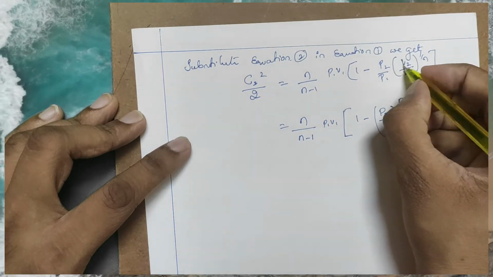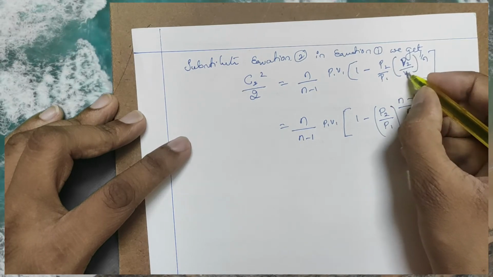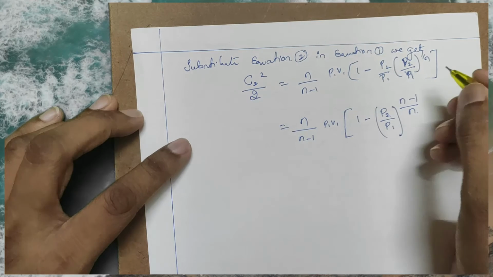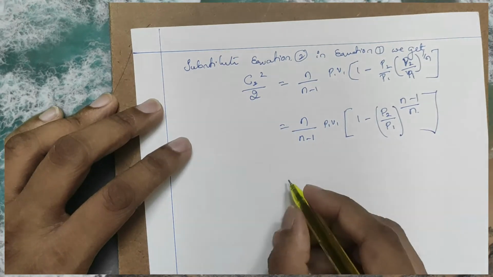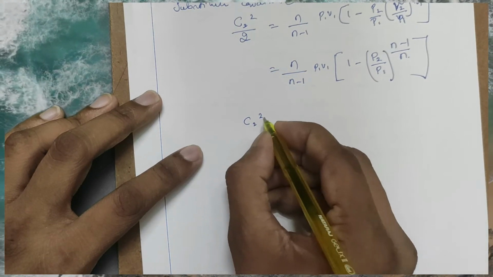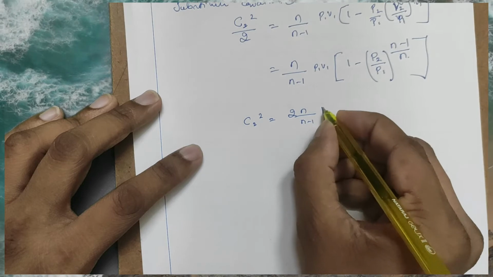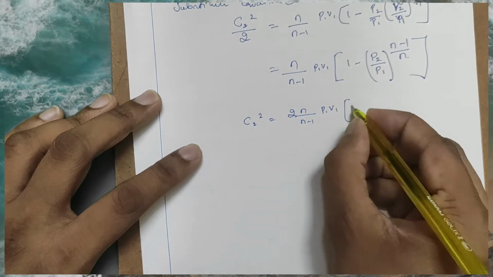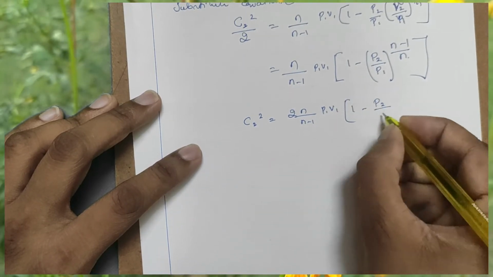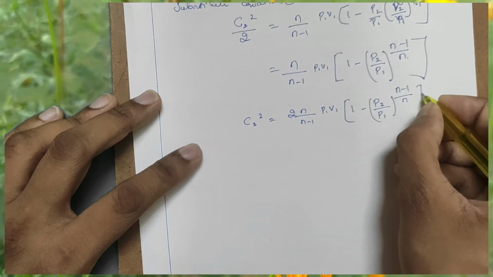I'm sorry, this is not a PV, this is P1, and this is P2 by P1. Okay, so next, C2 square is equal to 2 into n by n minus 1 P1 V1 into 1 minus (P2 by P1) power n minus 1 by n.